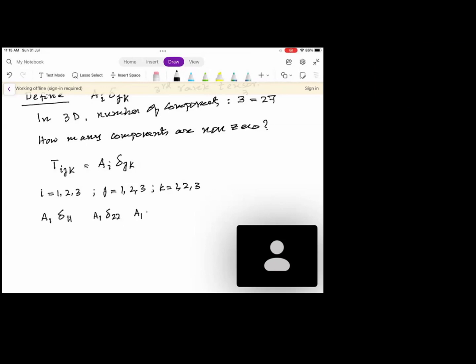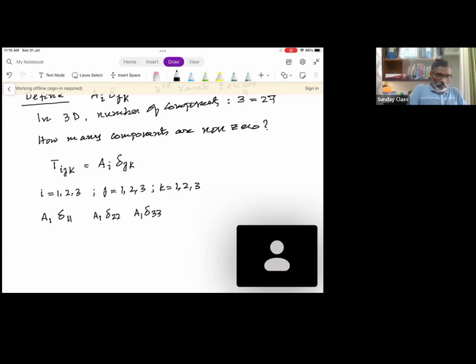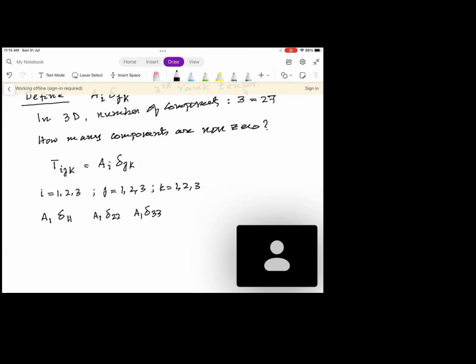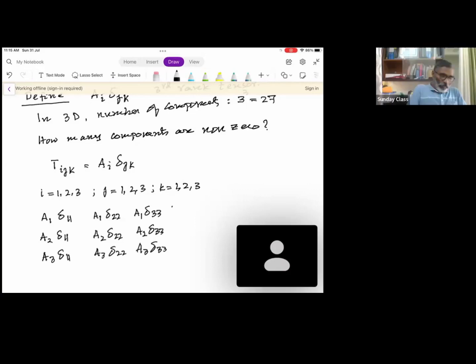A1 delta 3 3, is it non-zero? Yes, sir. Okay, what else? A2 delta 1 1, A2 delta 2 2, A2 delta 3 3. A3 delta 1 1, A3 delta 2 2, A3 delta 3 3. So these are non-zero.